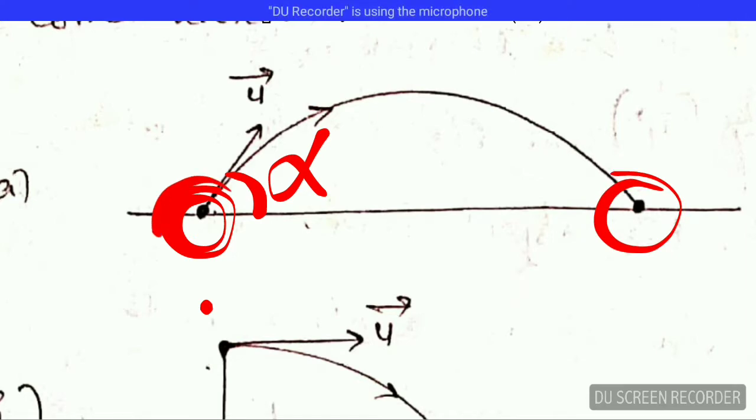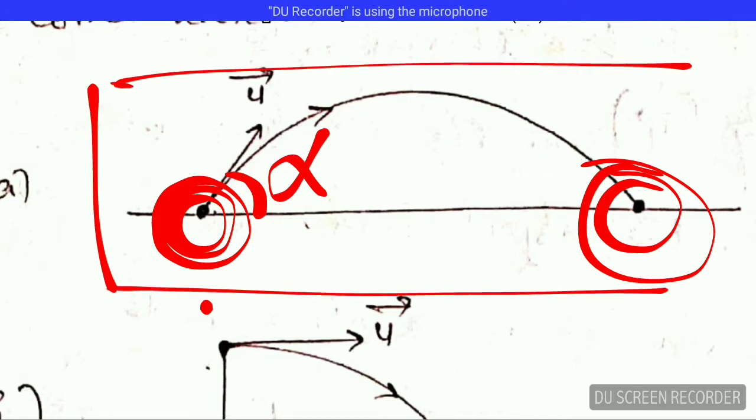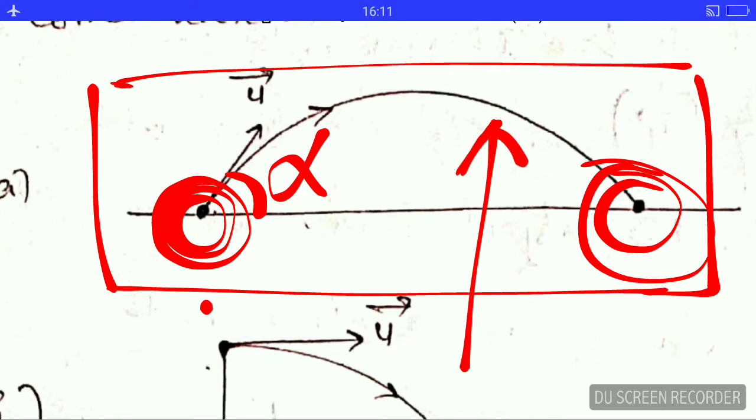So it started from some position and it falls down at some other position, and it moved in the vertical plane under the effect of the acceleration due to gravity. So this type of motion is called the projectile motion. And the path that you look at, this path is the parabolic path.